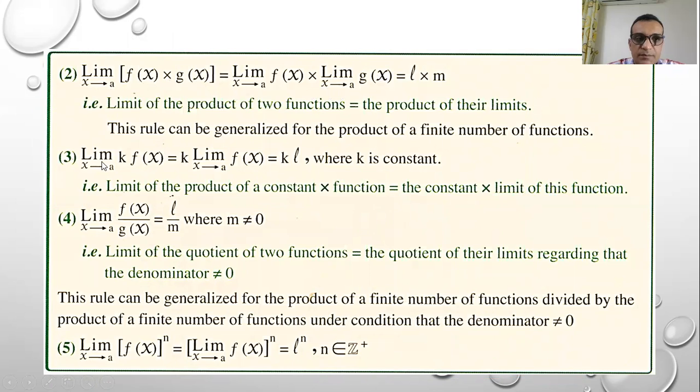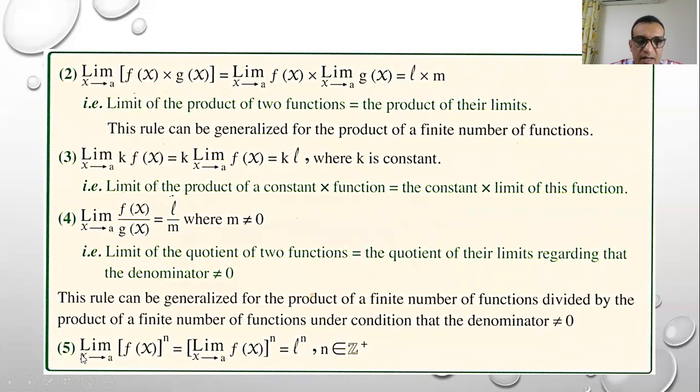Also, the limit of k multiplied by g(x) when x approaches a equals k multiplied by the limit of g(x), which equals k multiplied by L, where k is a constant. Number 4, the limit of f(x) over g(x) when x approaches a equals L over m, where m doesn't equal 0.